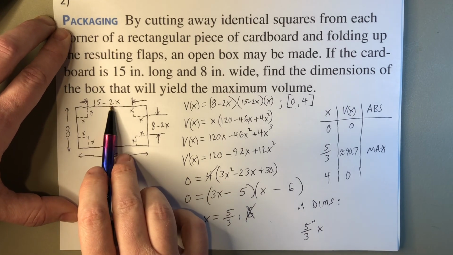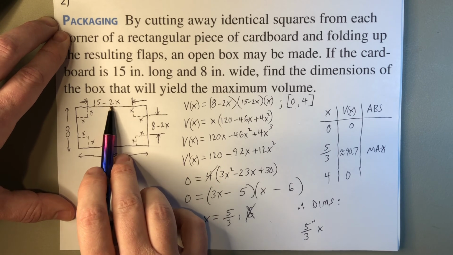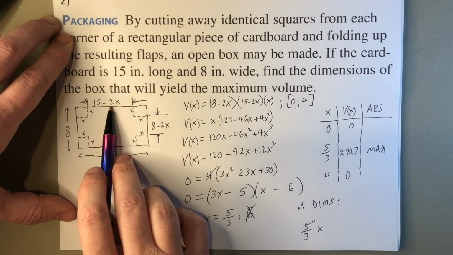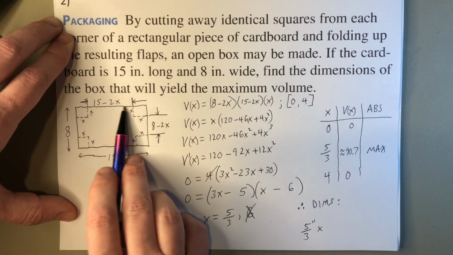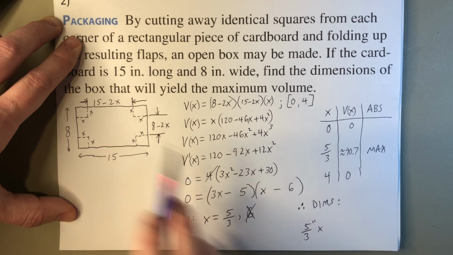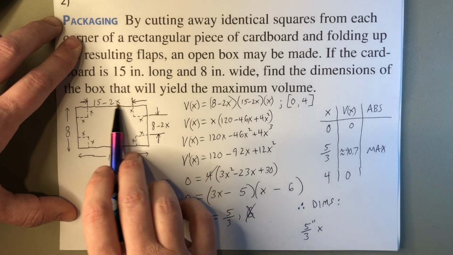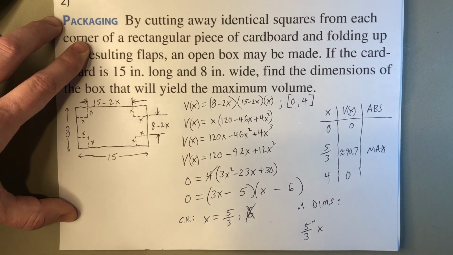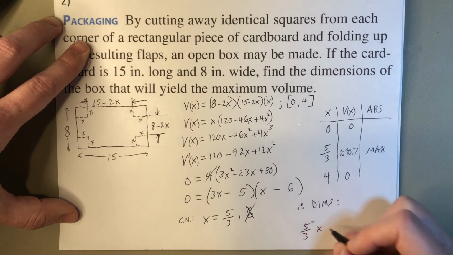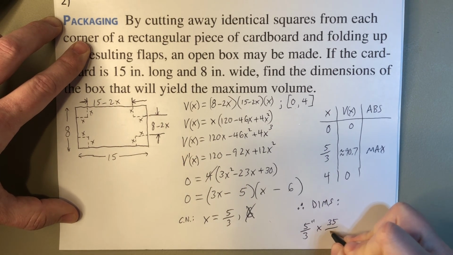Replace the x here with 5/3 to come up with the length. So if x is 5/3, plug it in. You get 15 minus 10/3. 15 minus 10/3 is what? It's 35/3 inches.